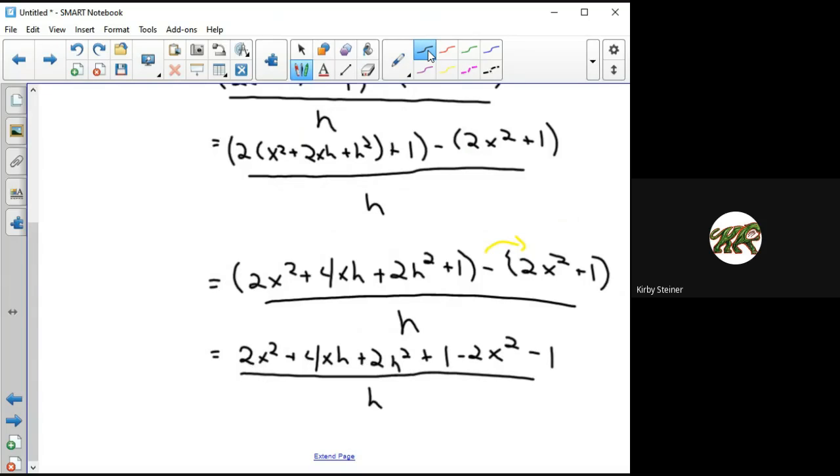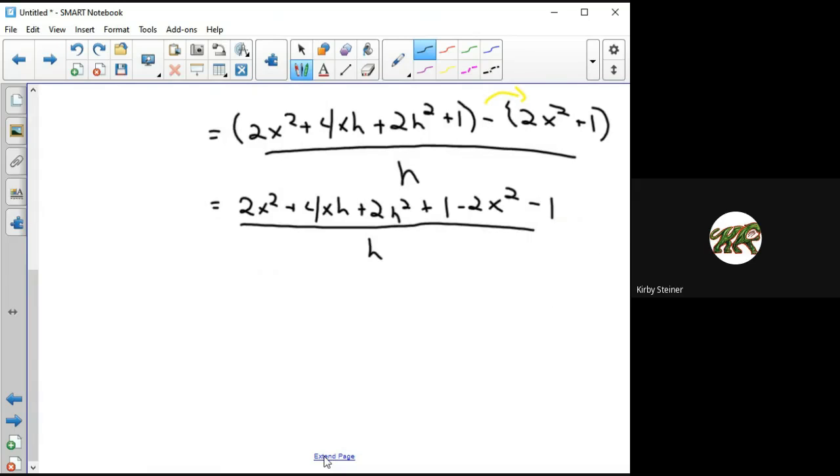All right, so now we're getting somewhere. Let's cancel some things out. We have a 2x squared and a negative 2x squared, so that's gone. And I have a 1 and a negative 1, so that's gone. And I have an h on the bottom, so I can take this h out of each remaining term.